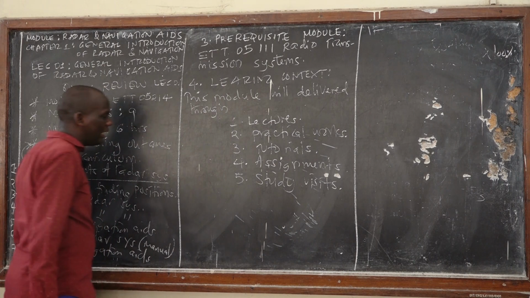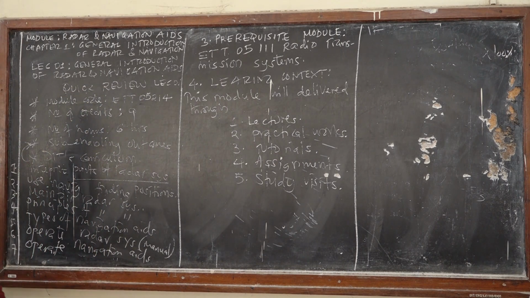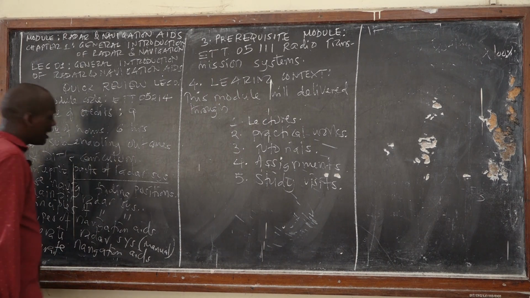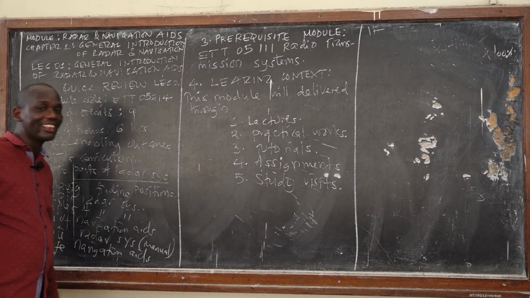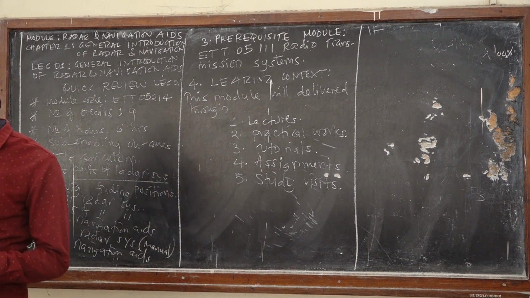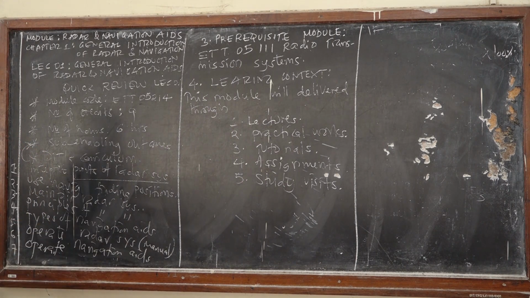Those are the places where you can visit and see radar and navigation aids. But you can also go to the army. But you know the army? It's dangerous for you to go to the army. Some of them say, no, we can go. Okay, fine.